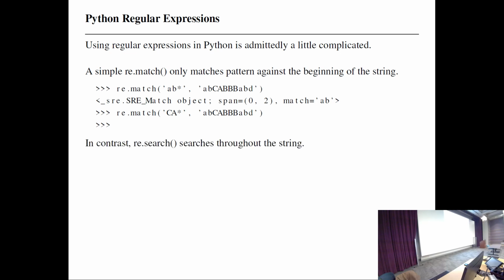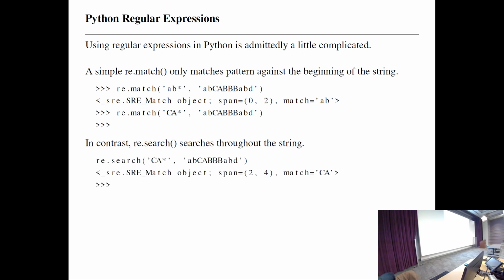So we've seen regular expression match. Regular expression search searches throughout the string, starting from the beginning. If it fails, and there's no way to proceed from the beginning, it tries from the first character, then from the second character. So this second match with regular expression search would have found a match in characters 2 through 4 in the Python sense, and would have reported the match.